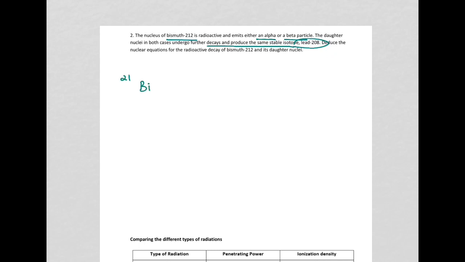So bismuth-212 will emit an alpha particle, 4 2, and could also emit a beta particle. And after this, the daughter nuclei undergo further decay, and in both cases it produces lead-208. So we have to write the equations for this.